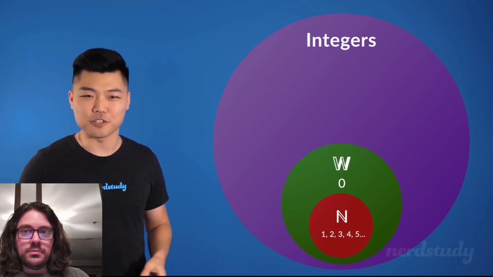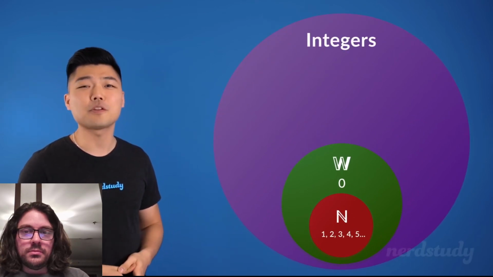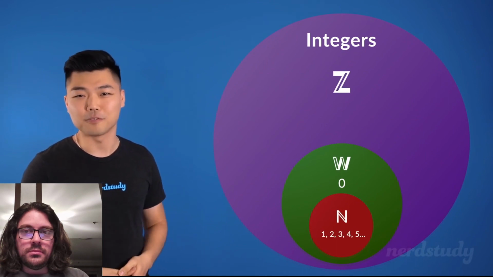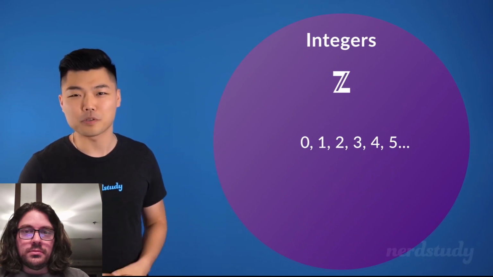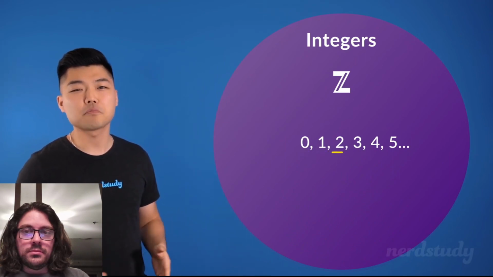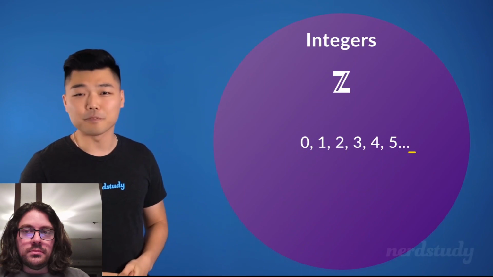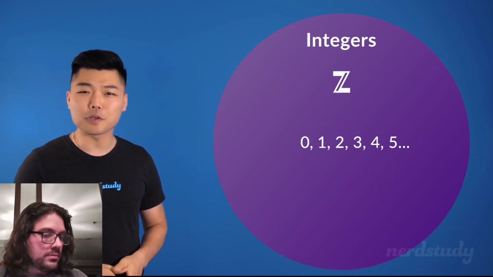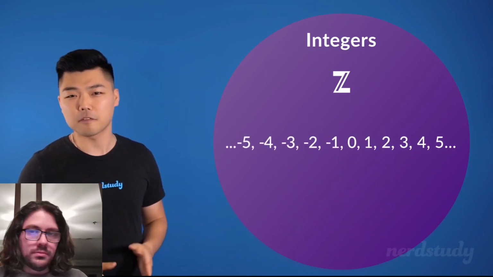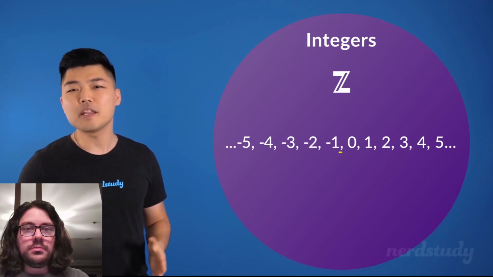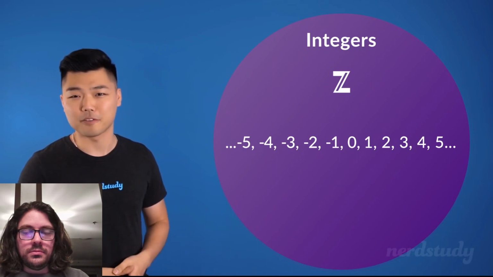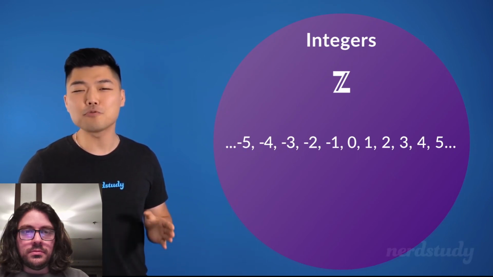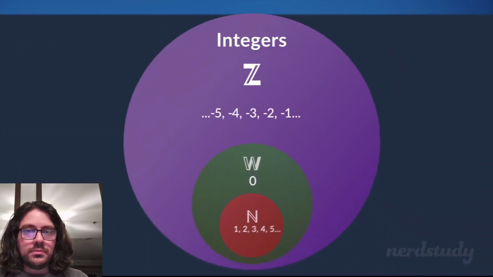They're called integers. Integers can often be denoted using this symbol. Integers include all the same numbers as whole numbers, like 0, 1, 2, 3, etc. Except they also include all the negatives of them as well, such as -1, -2, -3, -4, and so on. But again, integers do not include decimals or fractions of numbers.